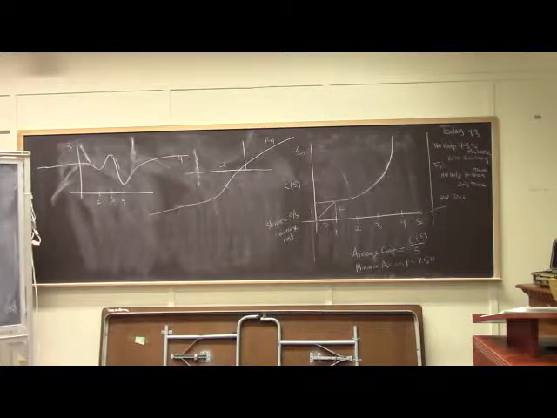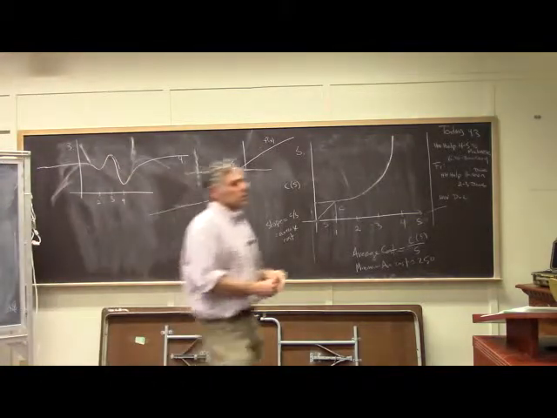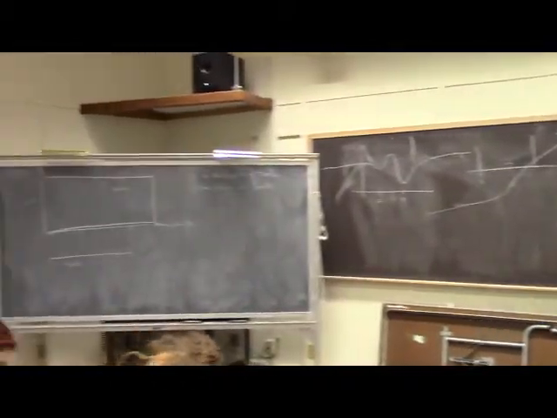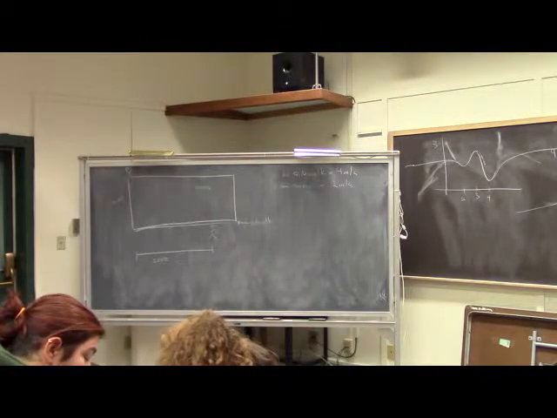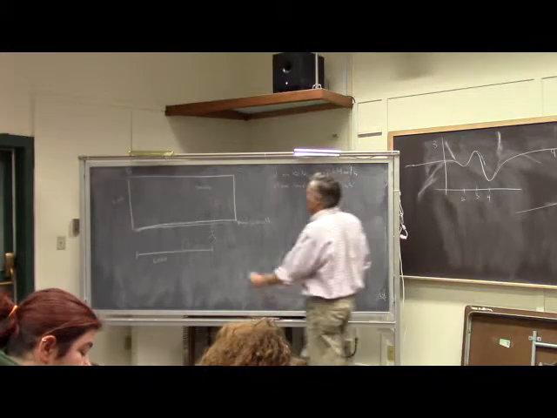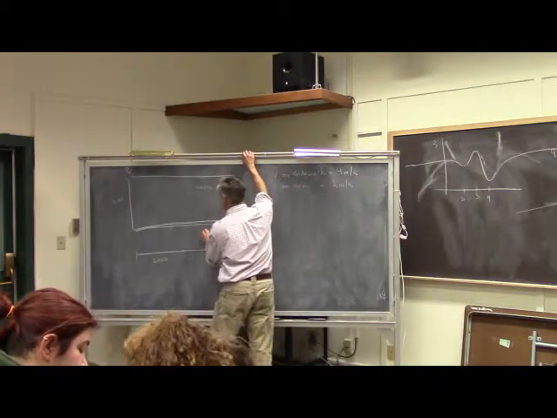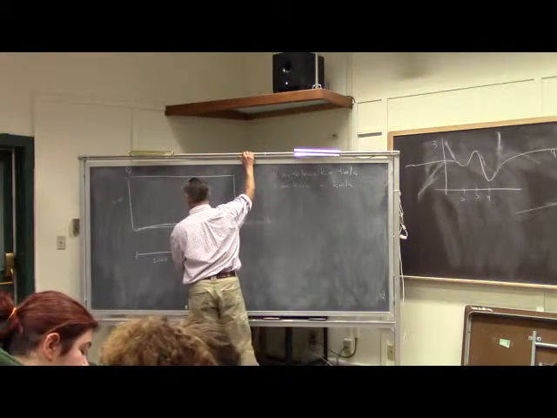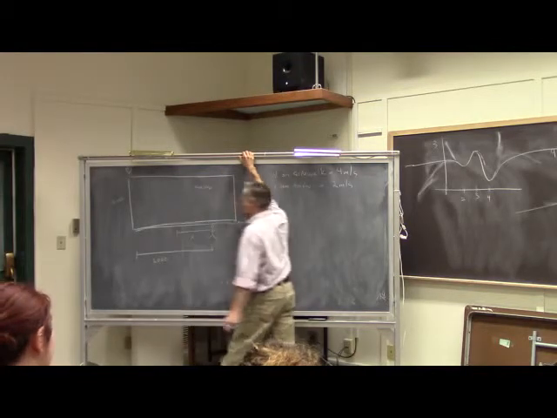So we're going to try to figure out where you should turn here to get to this point as fast as possible. And I want to set this up. We're going to call this distance x.